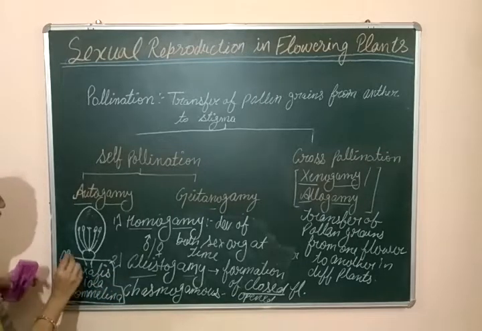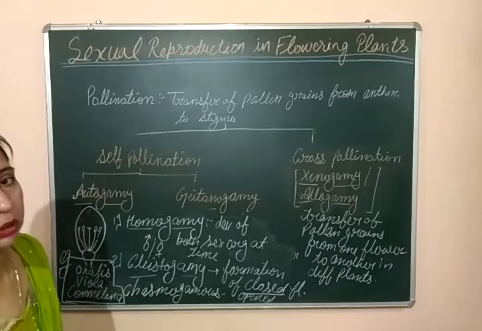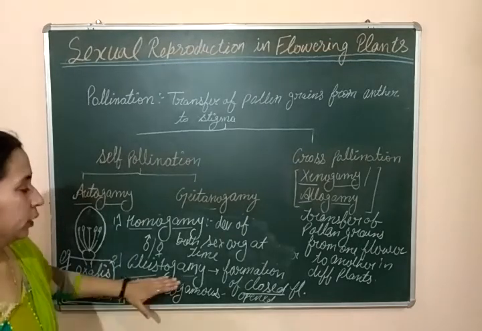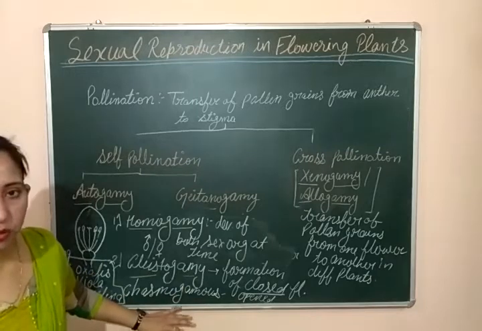These are examples of plants which form both cleistogamous and chasmogamous flowers.